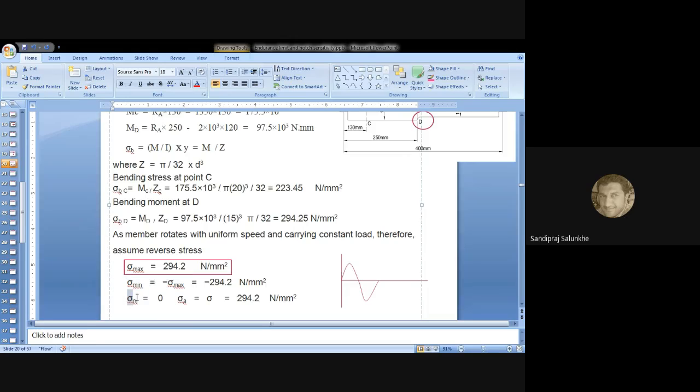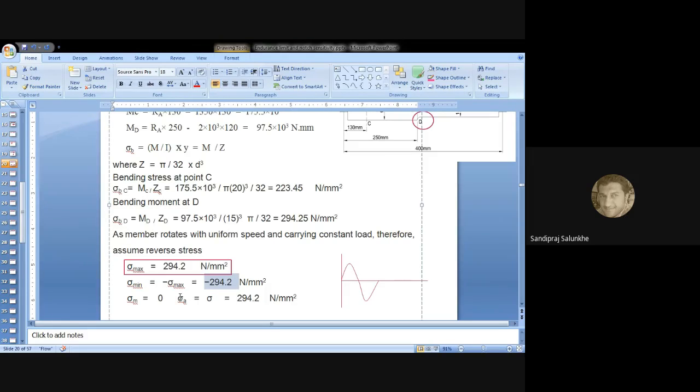So while we calculate sigma mean, it will become 0, because sigma mean is equal to the maximum stress plus the minimum stress, divided by 2. So the mean stress here is 0 because the stress is completely reversed.